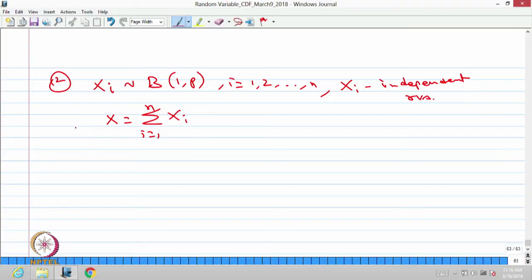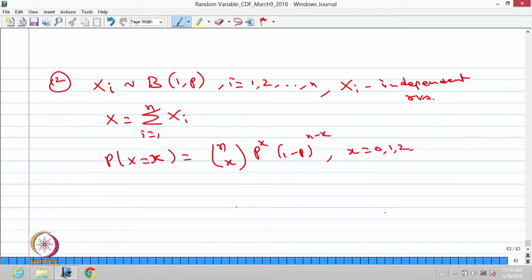Therefore, for the sum of n such Bernoulli distributed random variables, you can get the probability mass function. X takes a value small x with probability nCx p power x, 1 minus p power n minus x, when x takes a value 0 or 1 or 2, and so on till n.